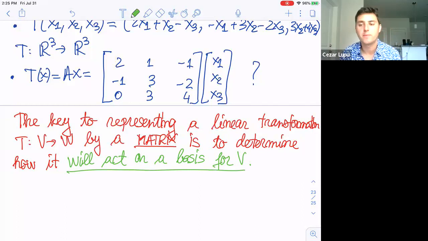This is why it's important to represent linear transformations in their matrix form.